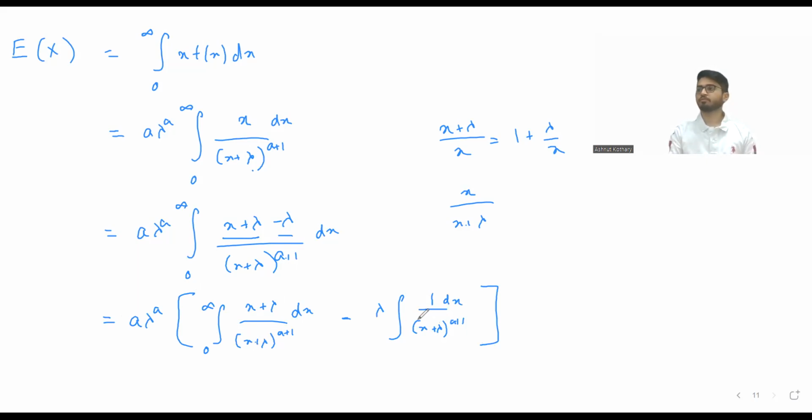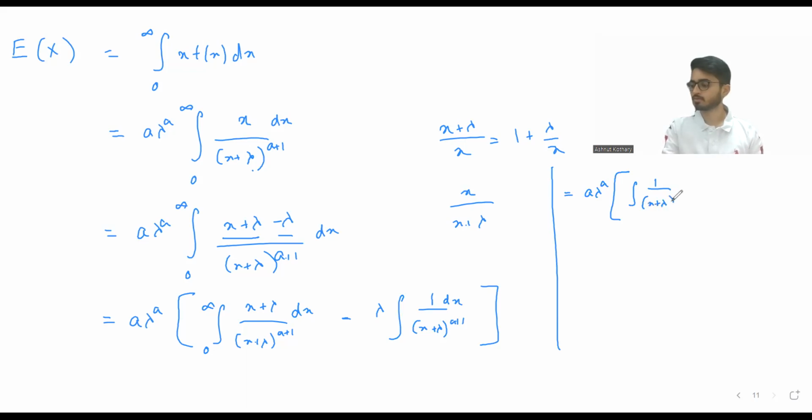So it will come in a form which is directly integrable. So this will come out to be alpha lambda to the power alpha. My first term will be integration of 1 by x plus lambda to the power alpha, and second will be integration of 1 by lambda plus x to the power alpha plus 1.